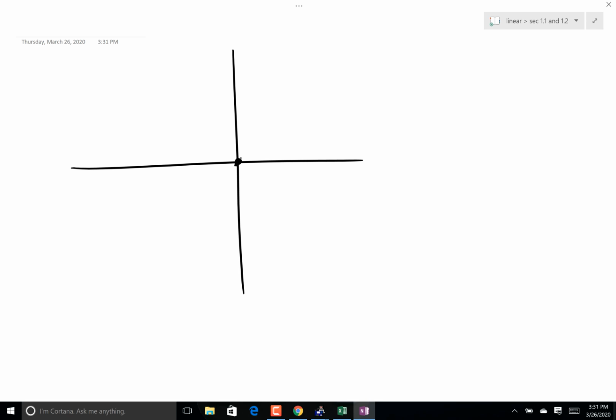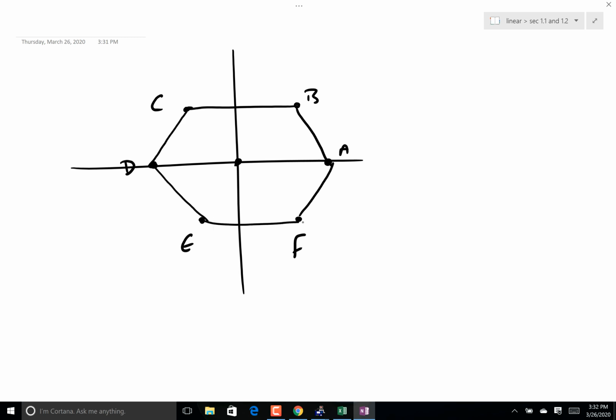Center the origin, yes, good. So they have it drawn out kind of like this, where that's A, here's B, here's C, here's D, E, and F. Cool. Nice.